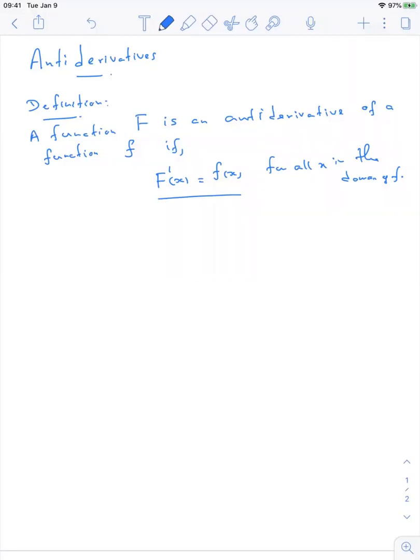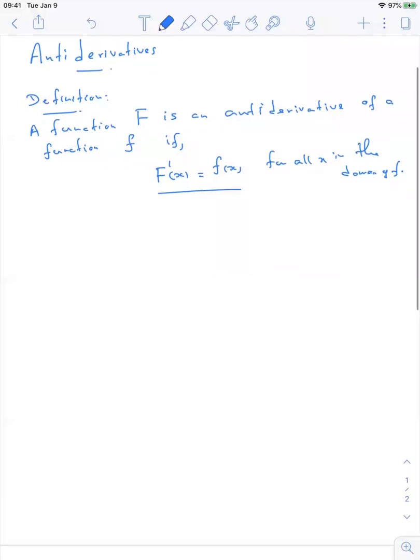Now, for example, let's assume that your function small f is equal to 2x.